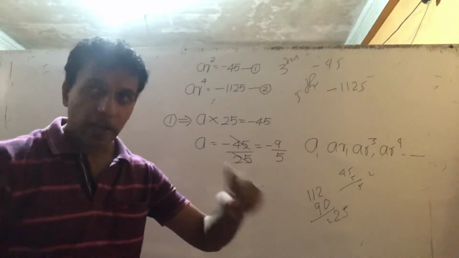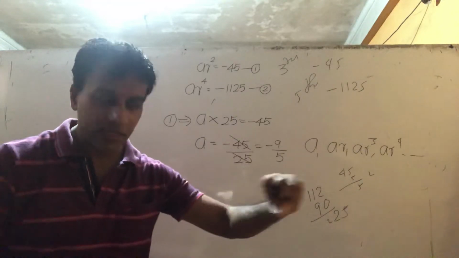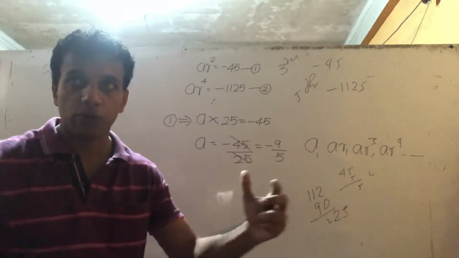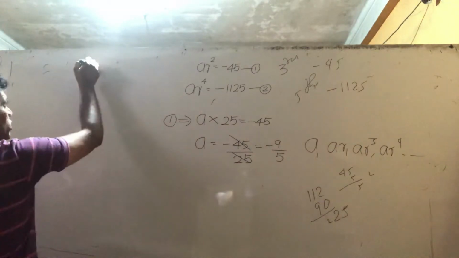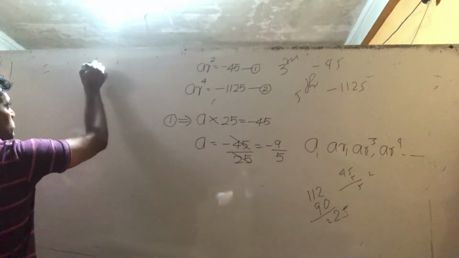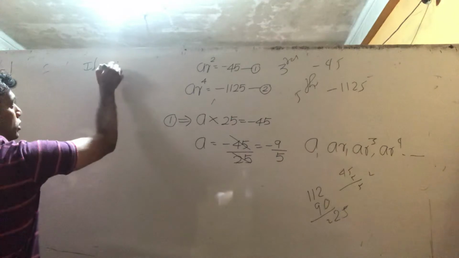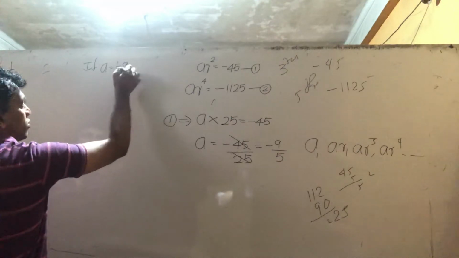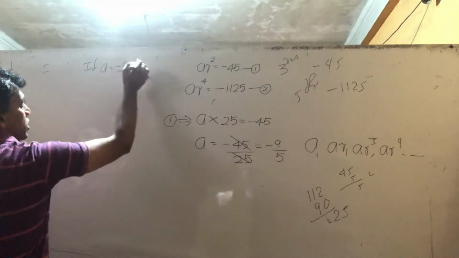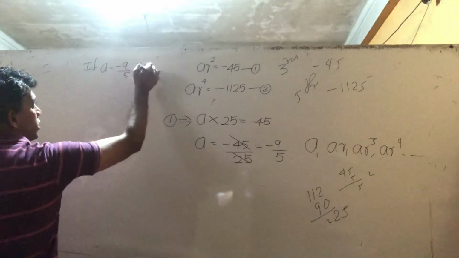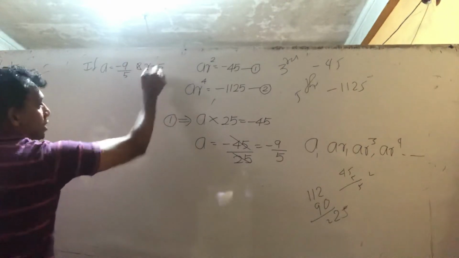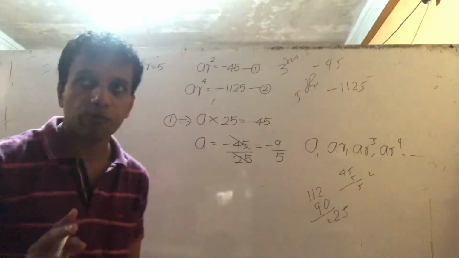When you write, like one of the previous questions, you show by writing a few terms that there are 2 possibilities. So if a equals minus 9 over 5 and r equals 5, I take one r value as plus 5.